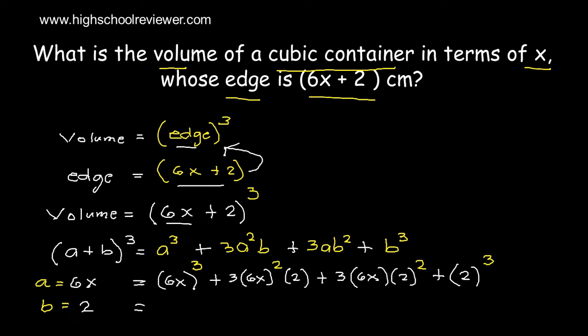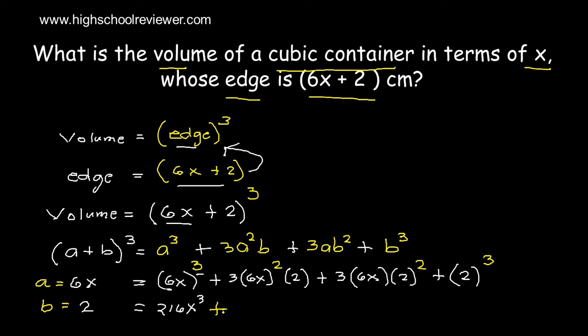We have here 6 raised to the power of 3. So take note, 6 raised to the power of 3 is equal to 216. So this will be 216 multiplied by x raised to the power of 3.